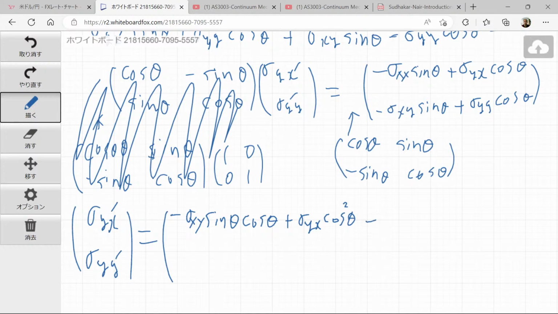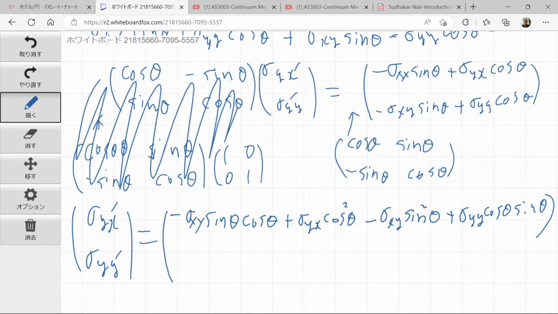Then minus sigma xy sine theta square plus sigma yy cos theta sine theta. Am I correct?